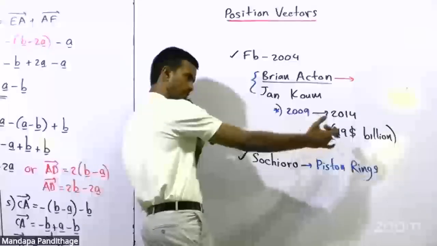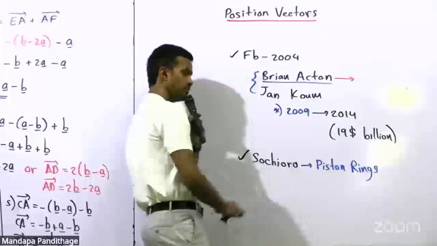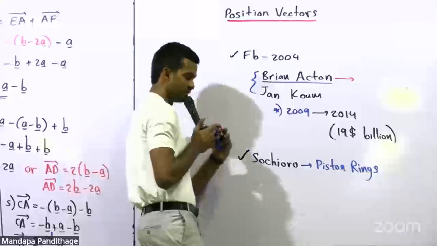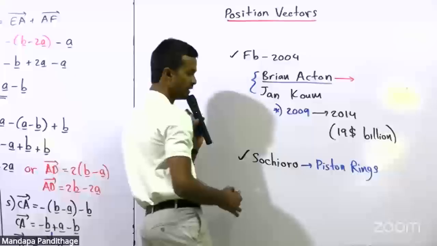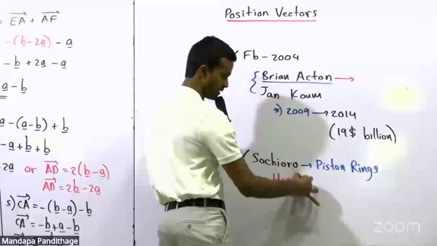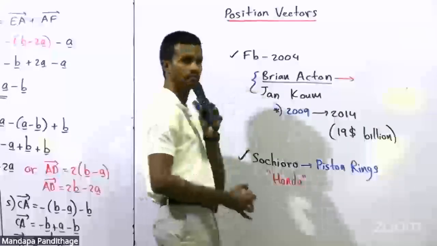After this, there were two rejections: the new piston ring design, and the job that he applied for in Toyota. Then later he thought of starting his own company. So what is his name? Soichiro Honda. So that's how the automobile company Honda came to the world.